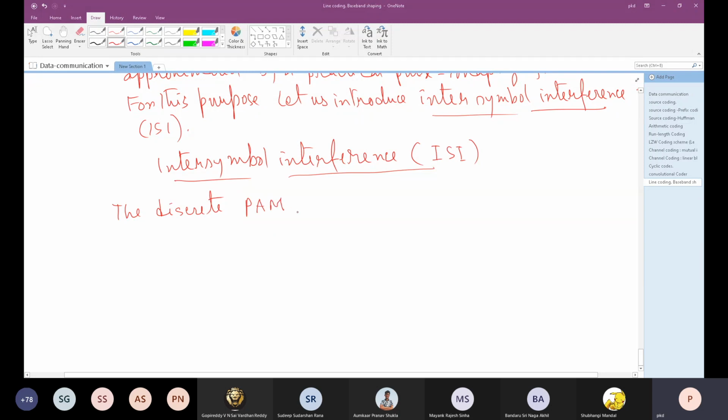The discrete pulse amplitude modulated signal is given by x(t) equal to the sum over k equal to minus infinity to plus infinity of a_k v(t minus k T_b), so the basic shape is v(t).